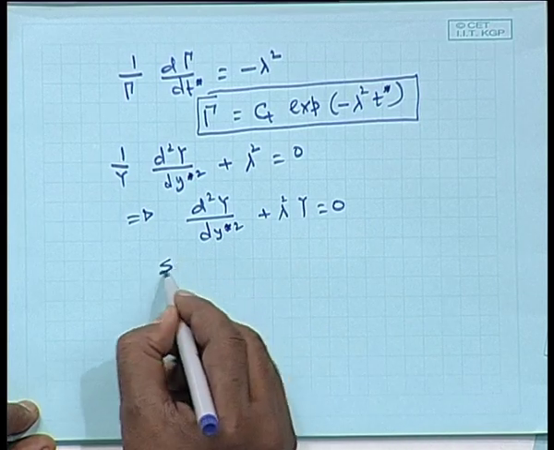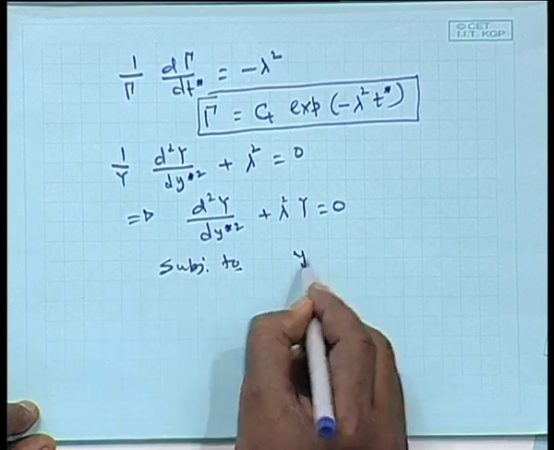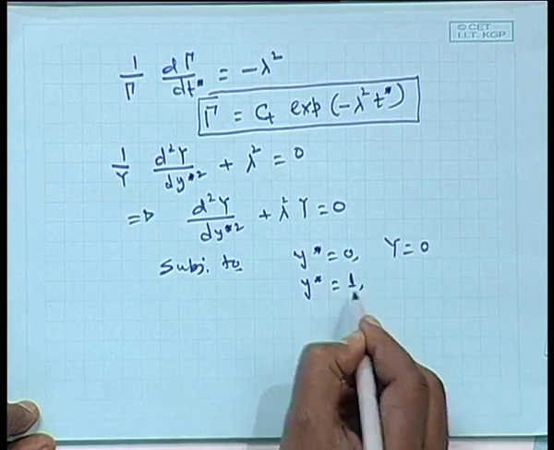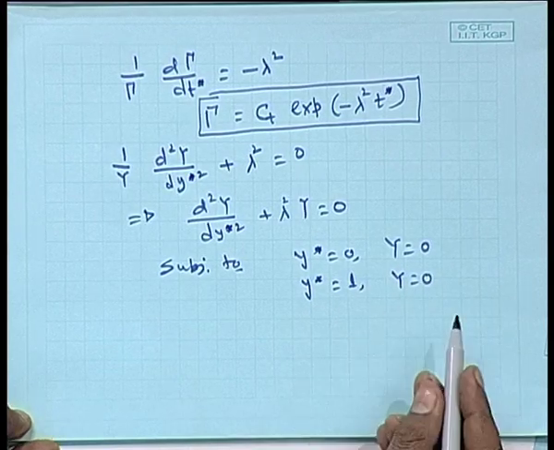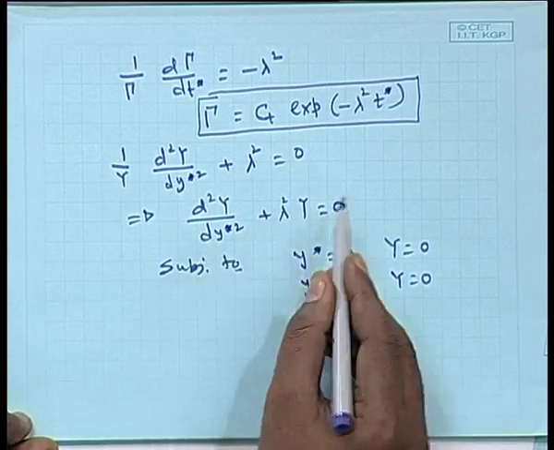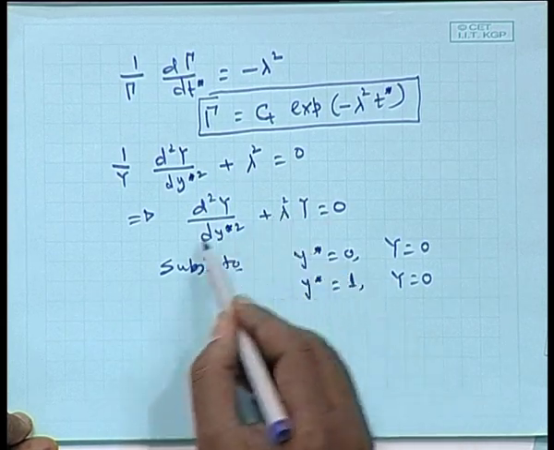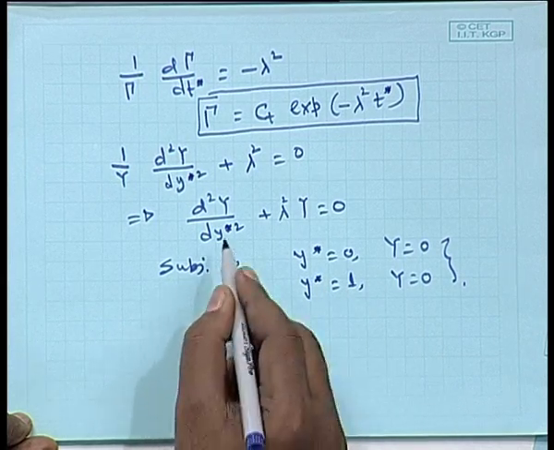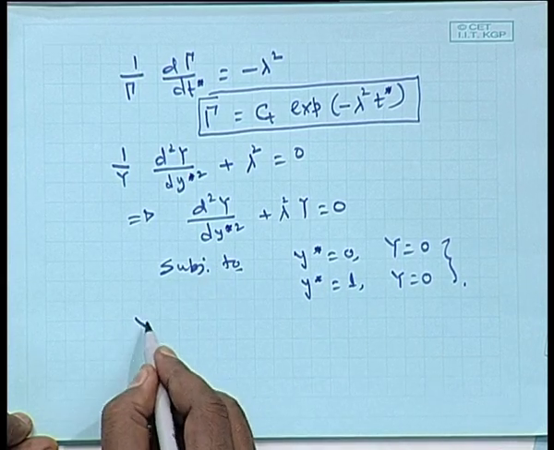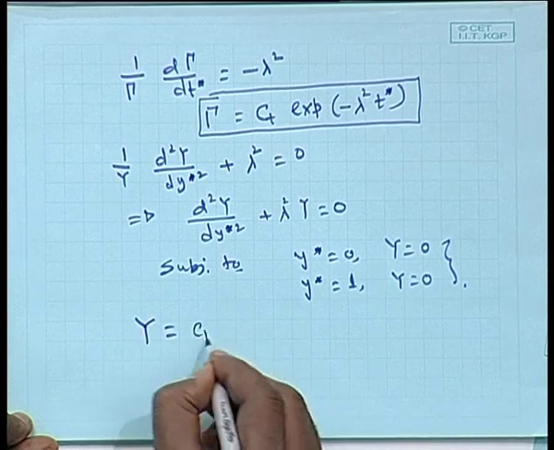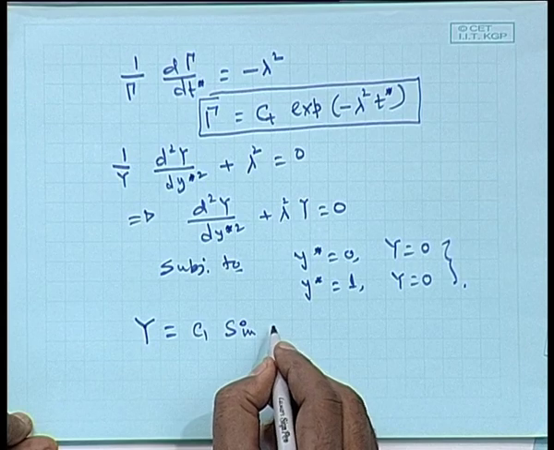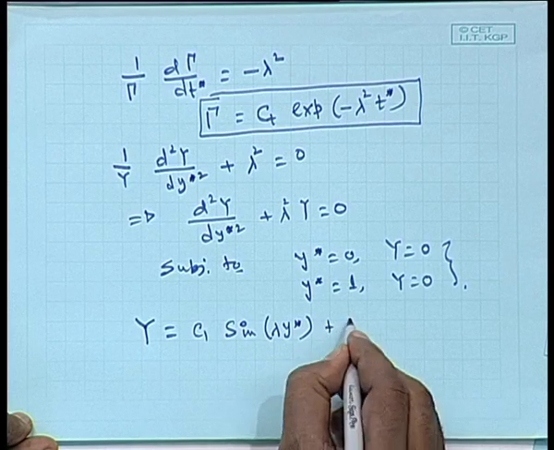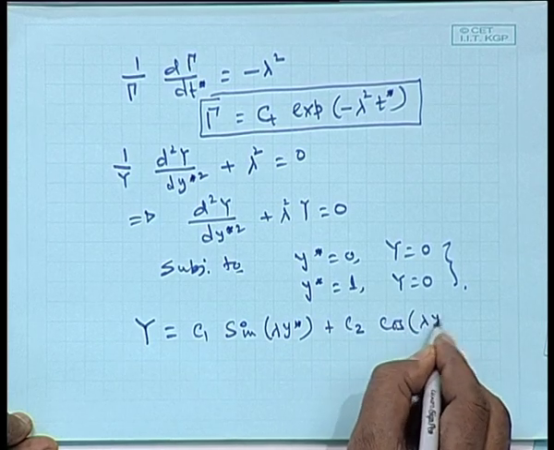So, these will be subject to at y star equal to 0, your capital Y is equal to 0, at y star equal to 1, your capital Y will be equal to 0. So, now this is a standard eigenvalue problem with this form of the governing equation and the homogeneous boundary conditions. Now, this standard eigenvalue problem will have the solution as, let us say, C1 sin lambda y star plus C2 cosine lambda y star.